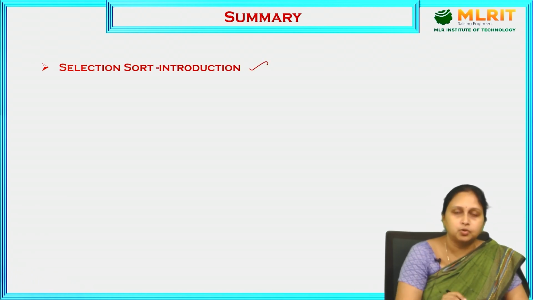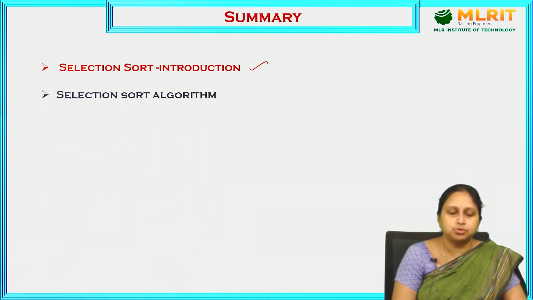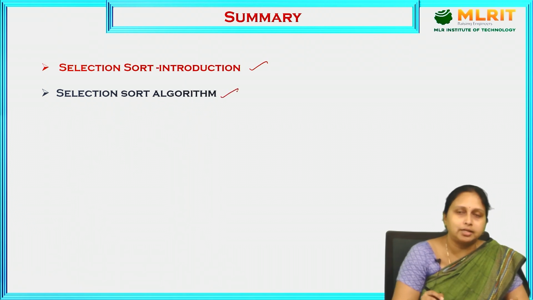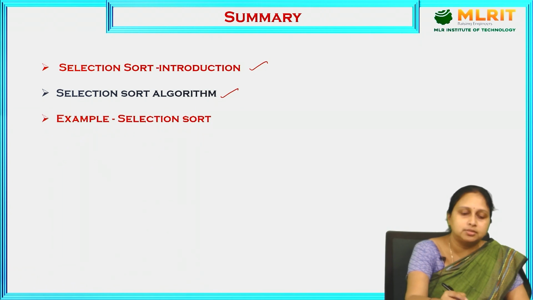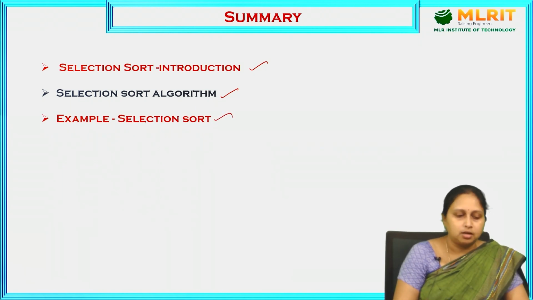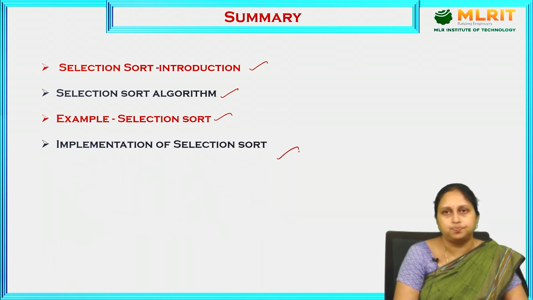What is selection sort? And what is the logic we are going to apply under selection sort? And we have seen the selection sort algorithm. Then we have seen the example for selection sort. And lastly, we came across the implementation of selection sort also. Okay. These are the things where you can go ahead with selection sort.